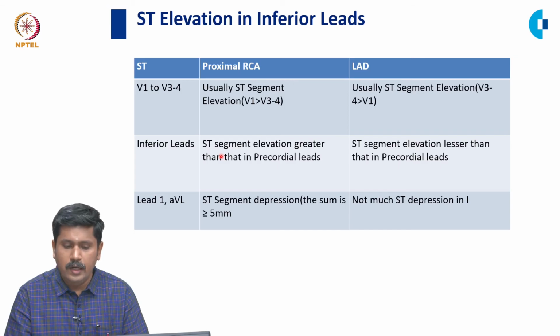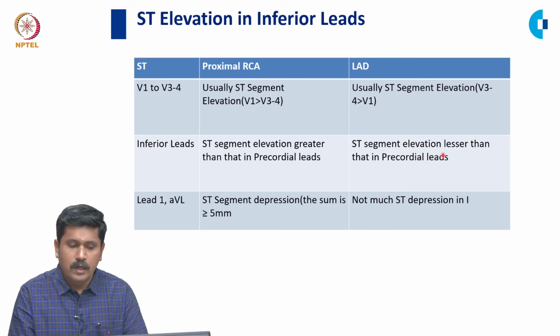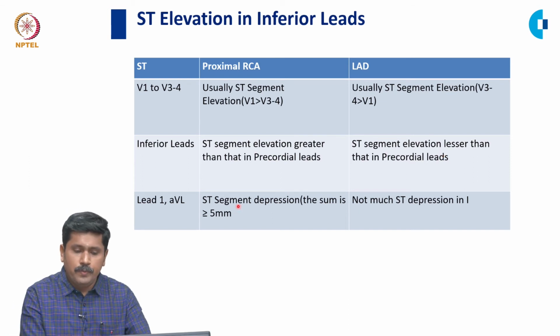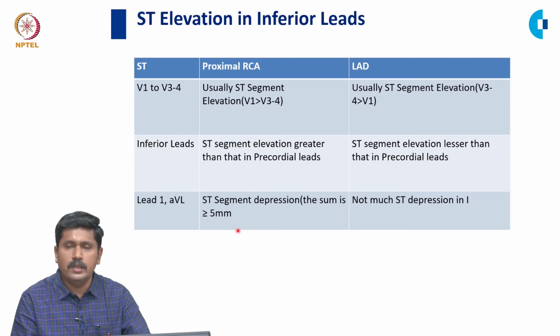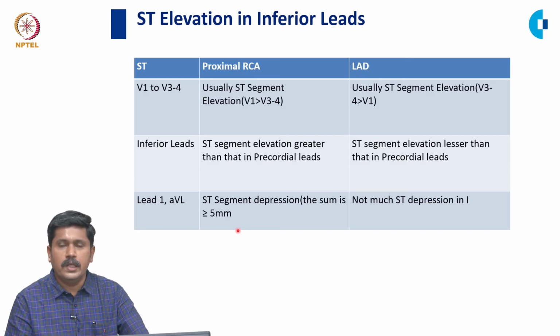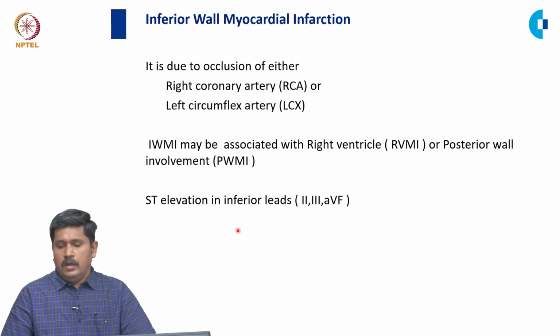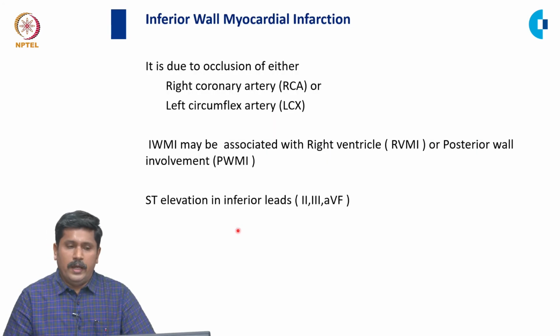In case of an LAD lesion, the ST elevation in the inferior leads will be less when compared to the ST elevation in the precordial leads. And coming to the reciprocal changes, there can be an ST segment depression in lead 1 and AVL. Usually there is not much ST depression in lead 1. So it helps in differentiating the patient who presents with an ST elevation in both anterior leads and inferior leads. So next one is an inferior wall myocardial infarction.